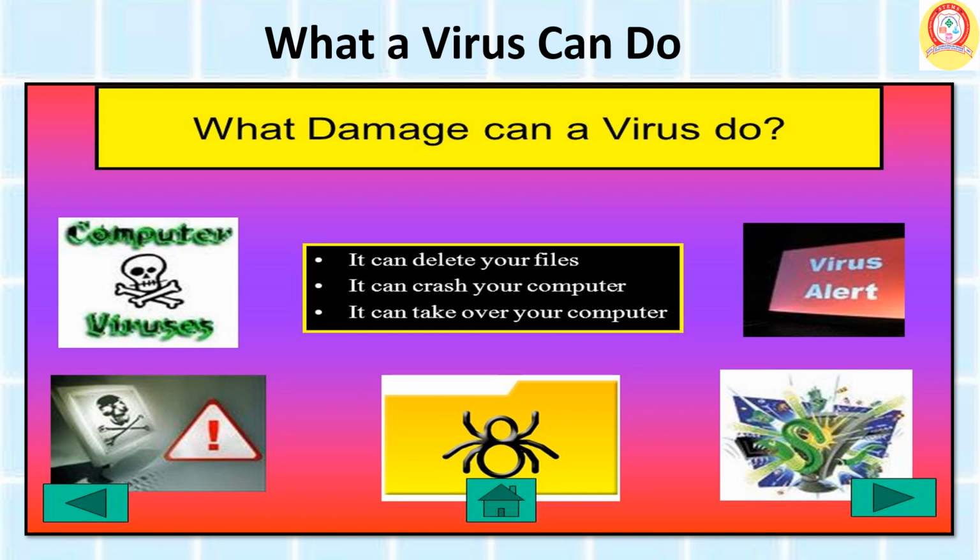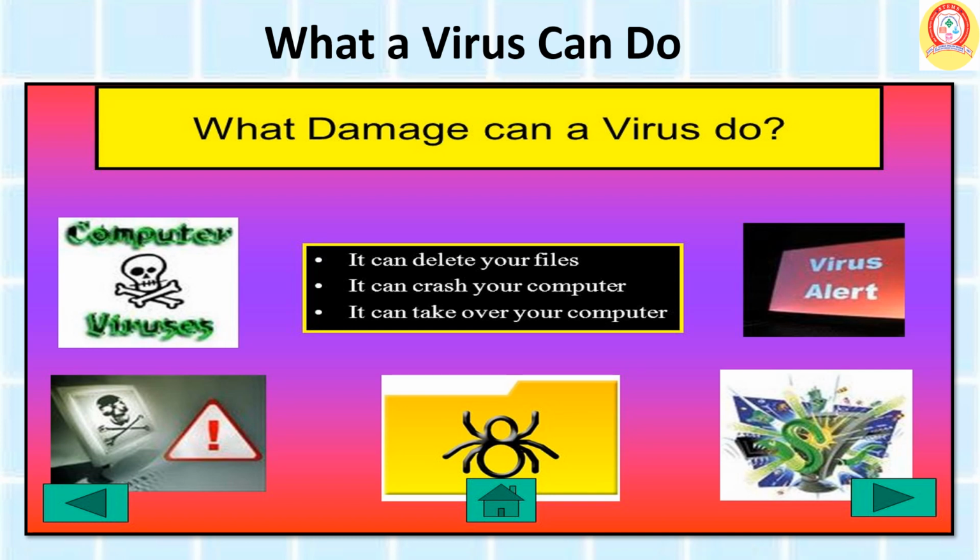Now, what a virus can do. Children, different viruses do different things. A computer virus could be capable of any of the following. It can infect executable program files such as word processors, spreadsheets, and operating systems.